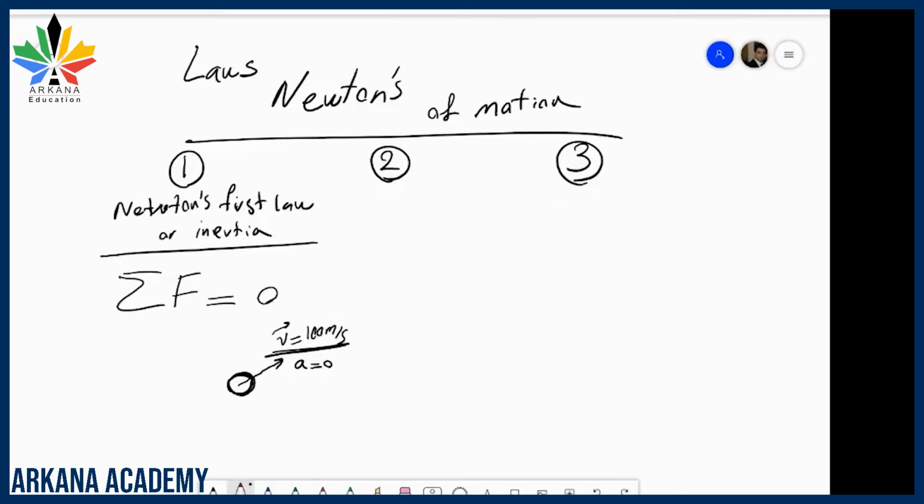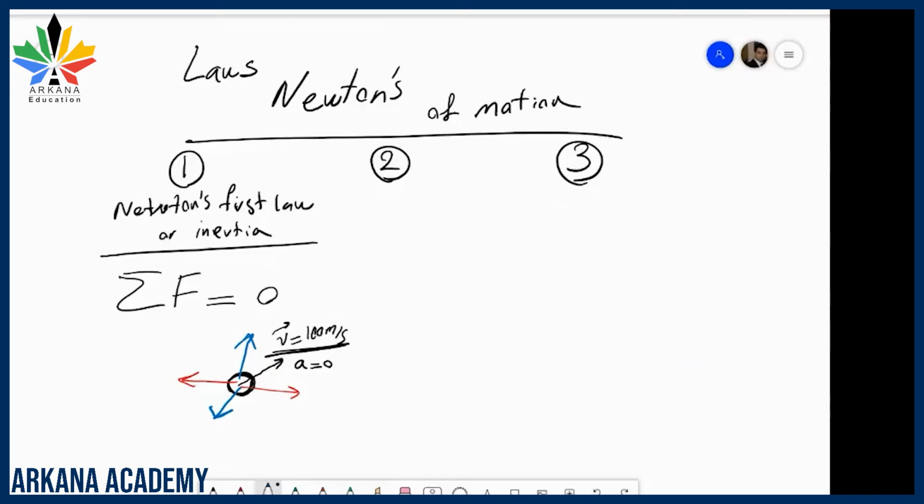So this means if there are any forces acting on this piece of rock, an example is the force of gravity from other planets. If this object is moving in space, there are other planets whose gravitational force is acting on that object and pulling it towards themselves.